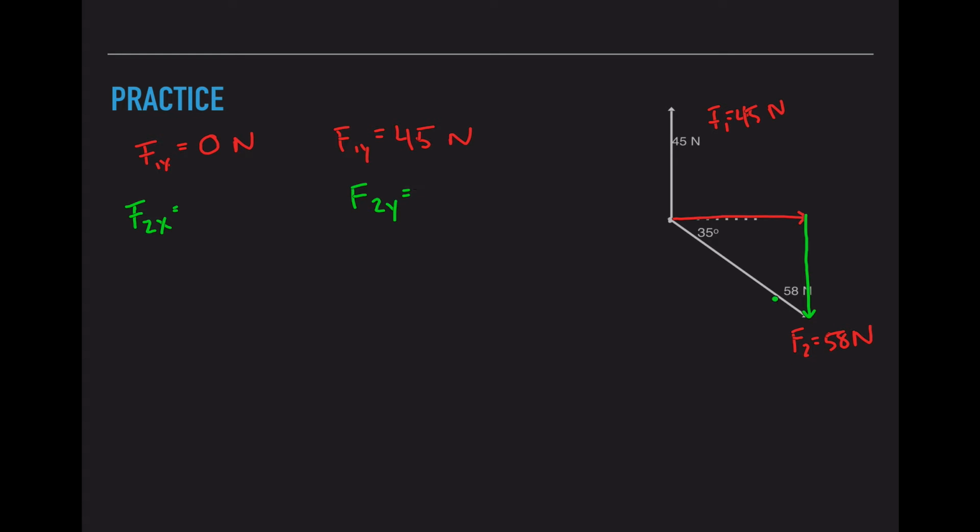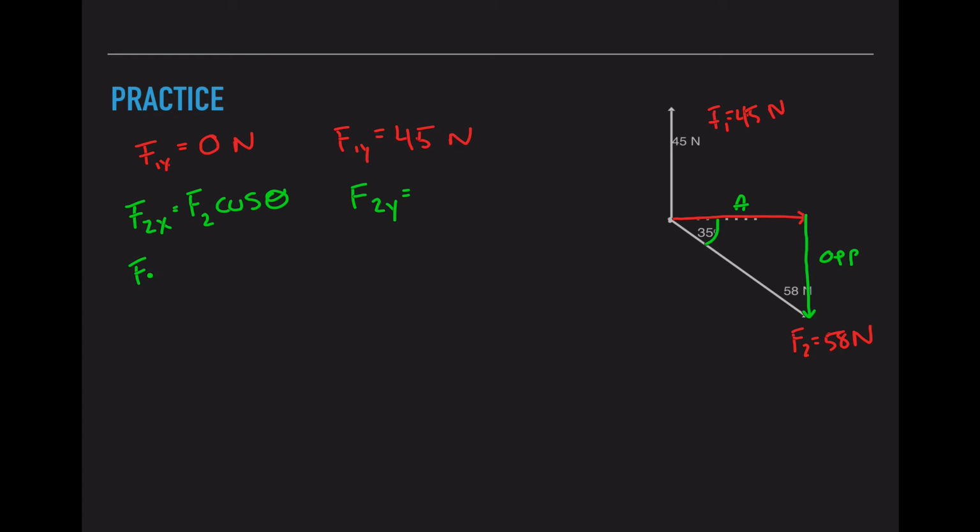So we know that this gray arrow is 58 newtons. I want to solve for the adjacent leg with this angle and the opposite leg with that angle. So for the adjacent leg, the horizontal component of force is equal to the regular component of force times cosine theta.